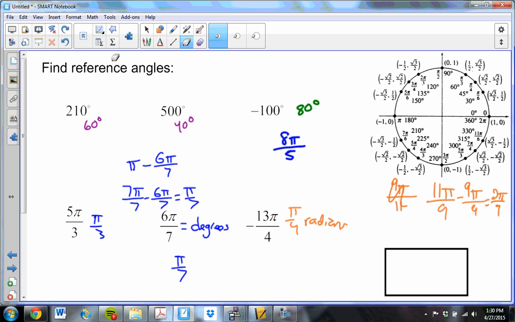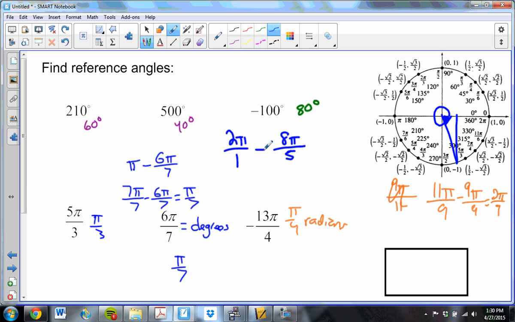I'm always trying to find the angle to the x-axis. So if I do 2 pi minus 8 pi over 5, that really becomes 10 pi over 5 minus 8 pi over 5, and that's 2 pi over 5. So there's the reference angle, 2 pi over 5.